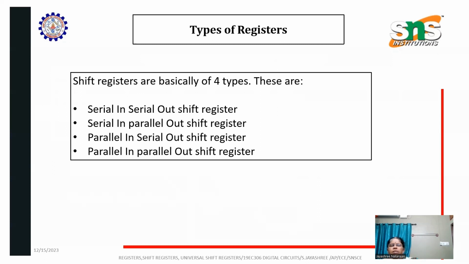The third is parallel in and serial out, PISO. The fourth is parallel in and parallel out, where information comes in parallel and the output also goes out in parallel. We discuss them one by one.